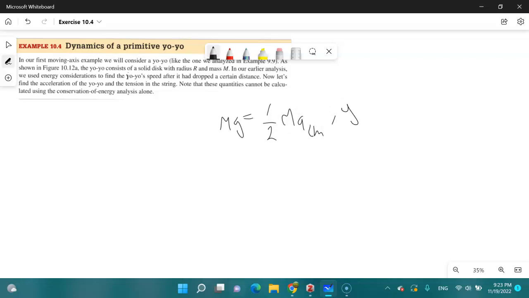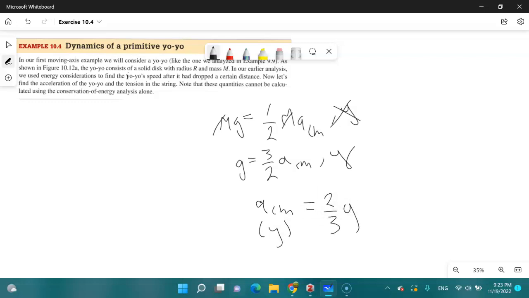And then once we cancel out all the masses in this case, and we can take out the y for now, this leaves us with gravity is equal to 3/2 times the acceleration, again in the y direction, just to specify. And then once we move around gravity, because that's not what we're solving for, the acceleration in the y direction is going to be equal to 2/3 times gravity. That's how we find the acceleration and the tension.